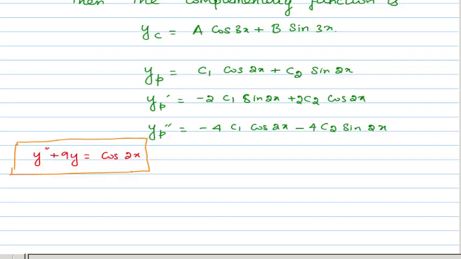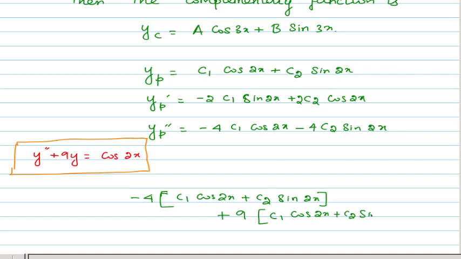So now I apply in this equation, I get minus 4 times c1 cos 2x plus c2 times sin 2x, plus 9 times c1 times cos 2x plus c2 times sin 2x, equals cos 2x.